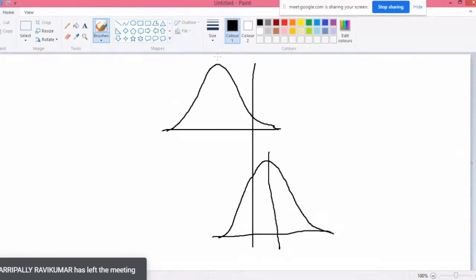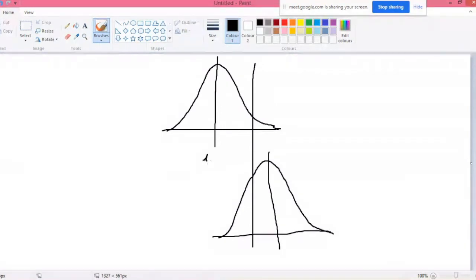My drawing is not so good on the paint, so please bear with me. Here you can see these are the means, mu1, mu2. Now when we are comparing the means, this is your H0.